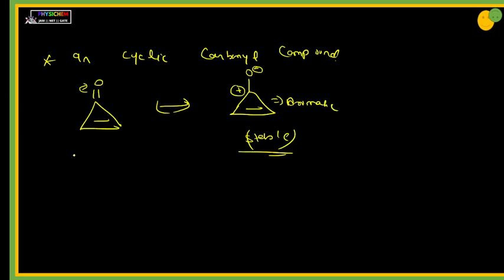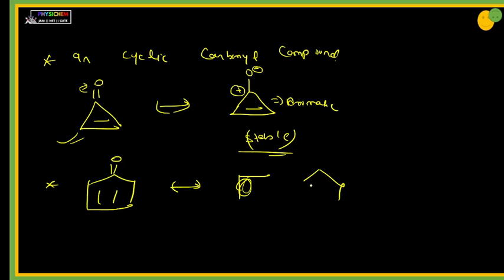This is a highly stable form compared to this. Okay, so let's take another example. Again minus charge, plus charge, but this time this becomes positive and oxygen has a negative charge. This becomes anti-aromatic.